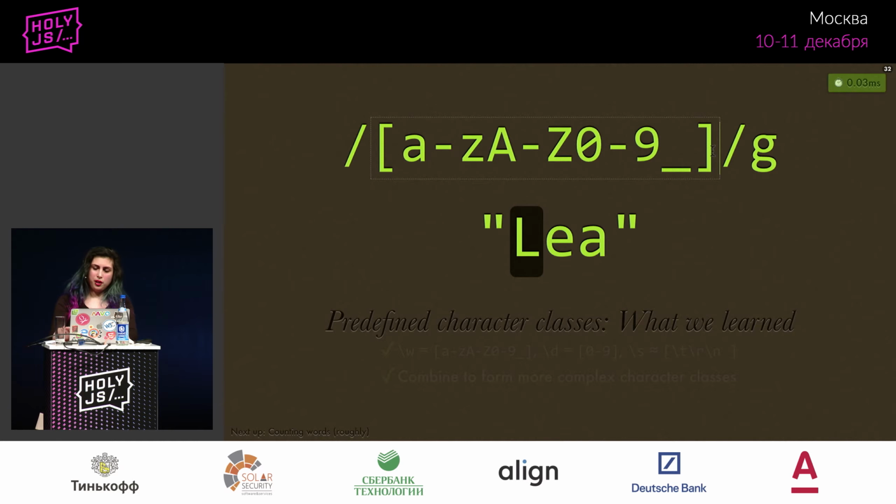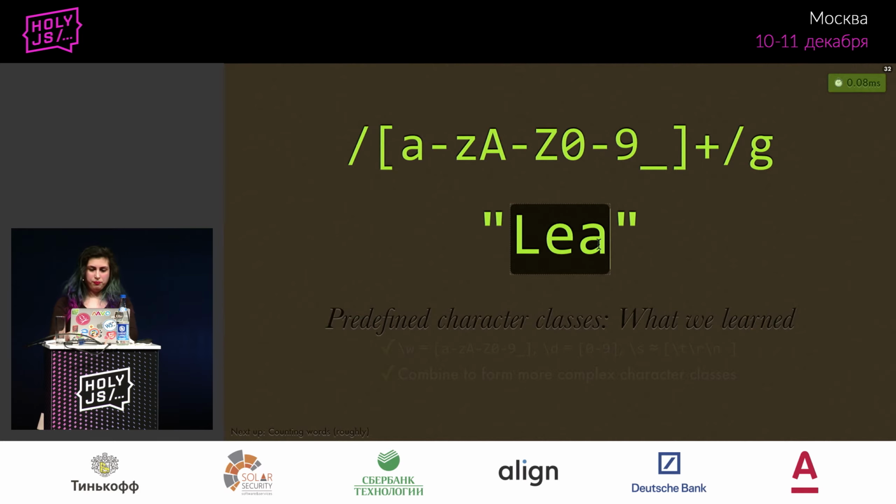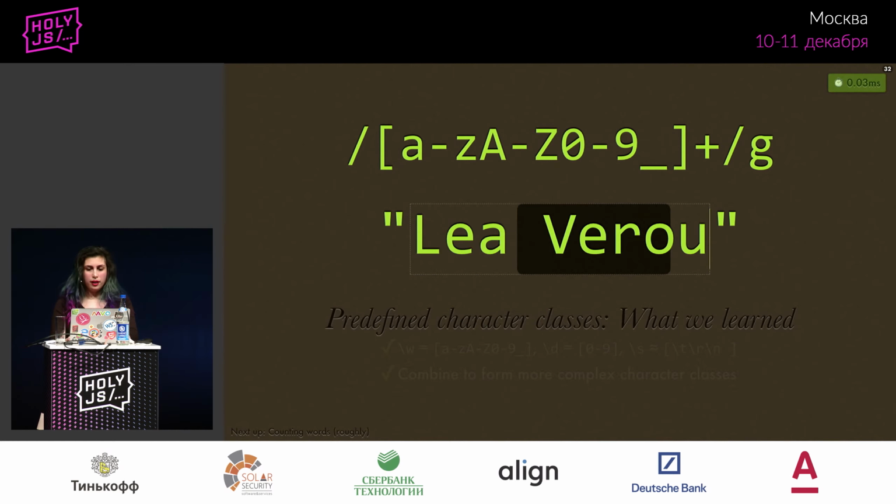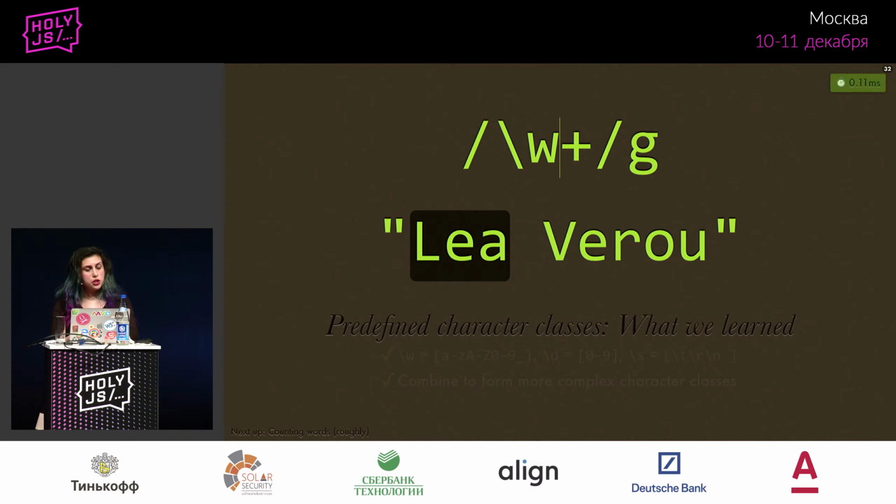And let's add a quantifier just so we see how many it matches. It will match Leah and Verou in this string. And it can also be written like this, which is much shorter, which is very useful because we need it a lot. We also have other shortcuts, like \d matches digits.